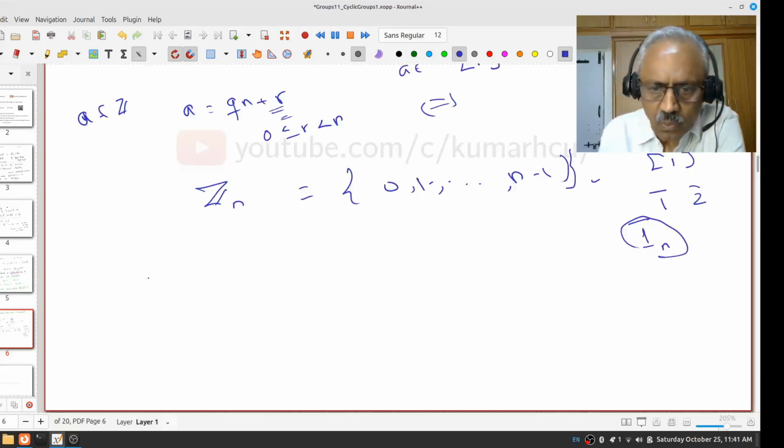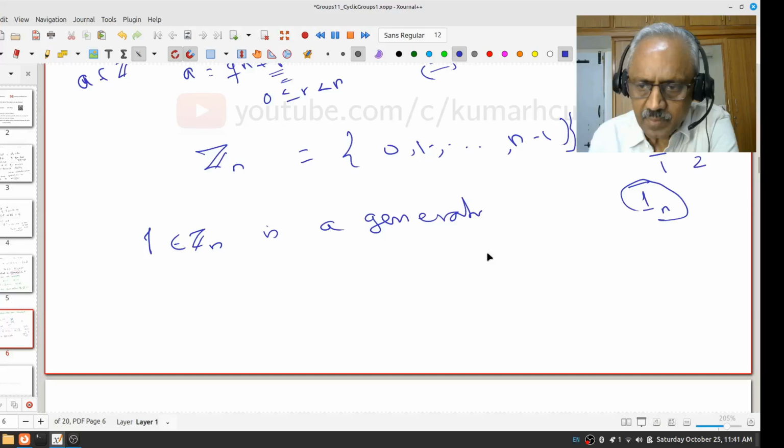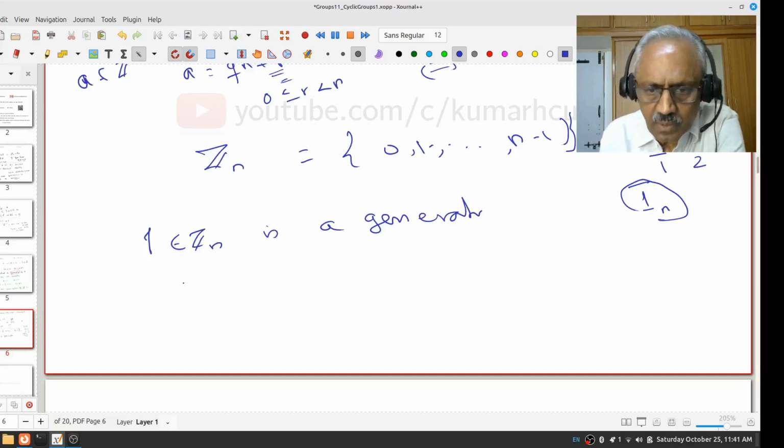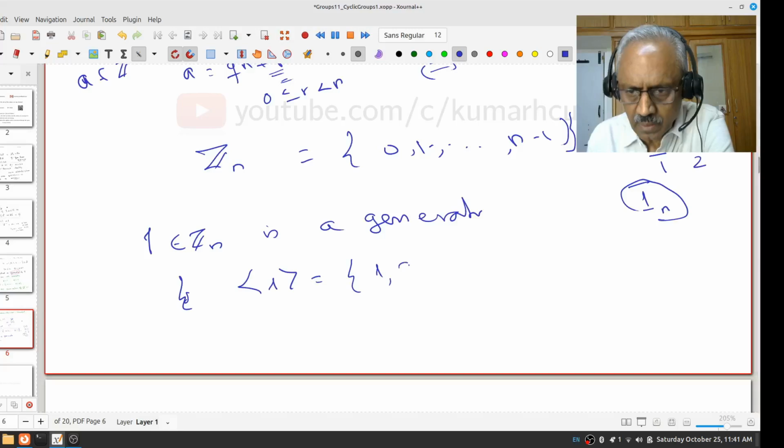Now, 1 in Zn is a generator. Why? Because the smallest subgroup containing 1 is 1, 2, and so on, up to 1 plus 1 n minus 1 times, that is equal to n minus 1.